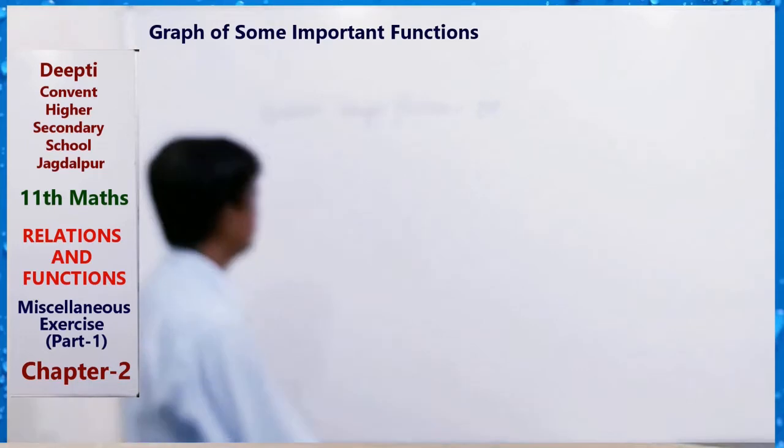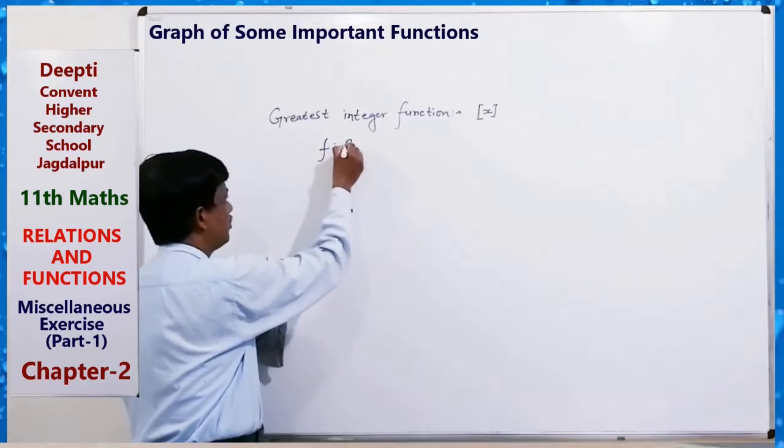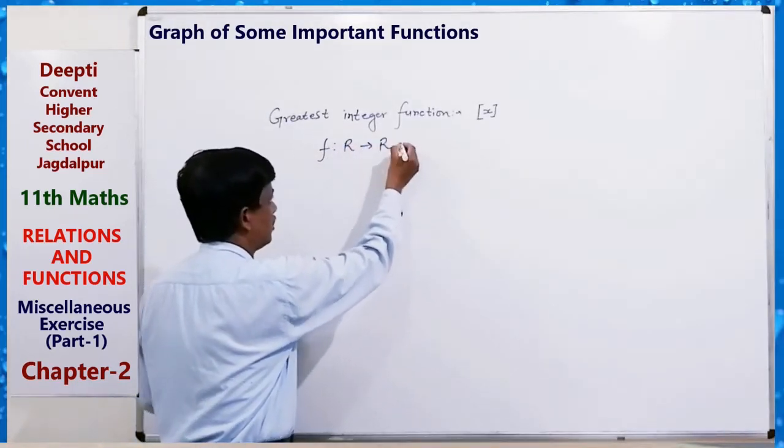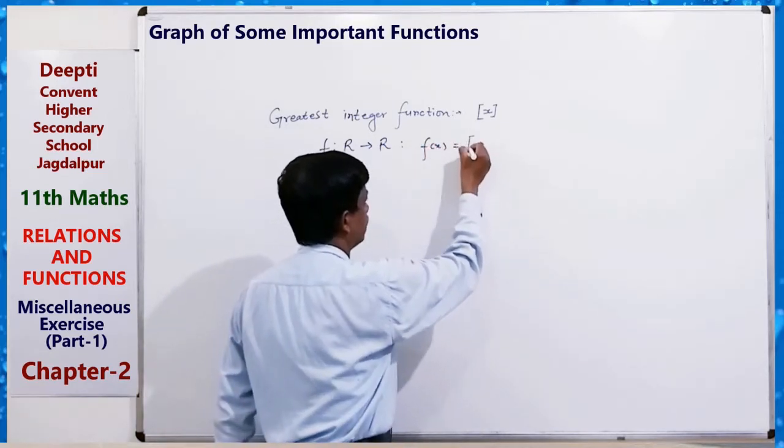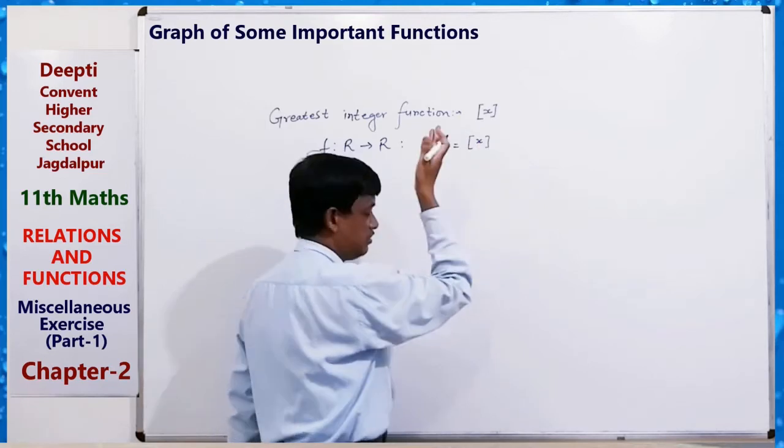So for the greatest integer function, the domain is R to R. The function is defined from R to R such that f(x) equals this, denoted by this.